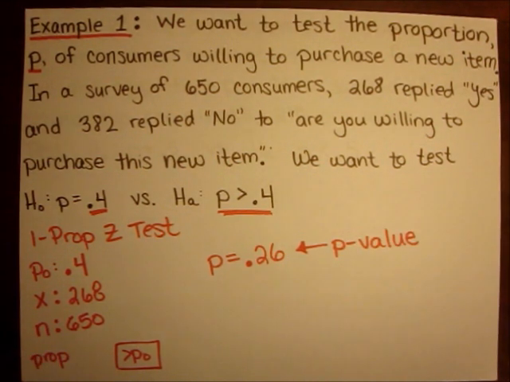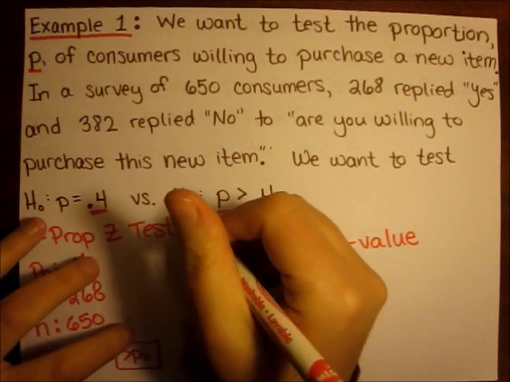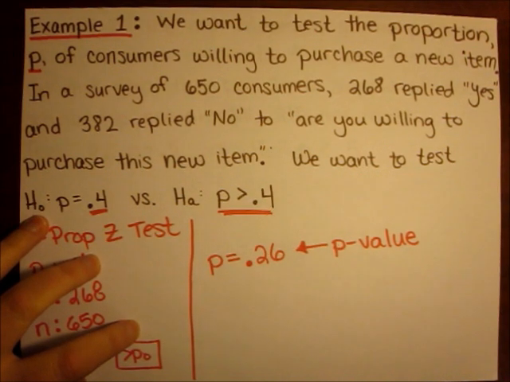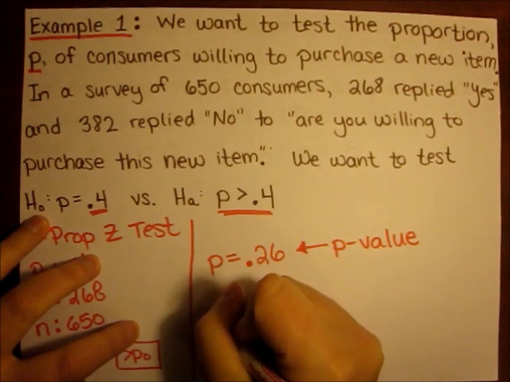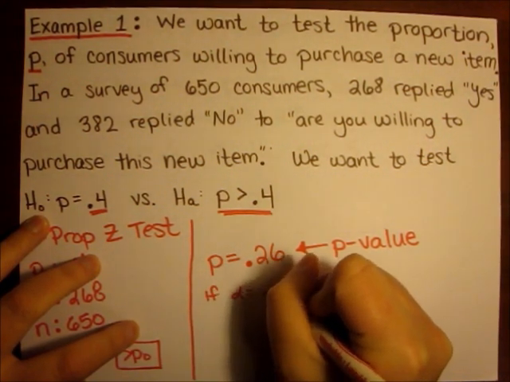I didn't give you a specific value of alpha here. If this were a test, alpha would be given, or the confidence level would be given. So let's suppose we wanted to use alpha equals 0.05.